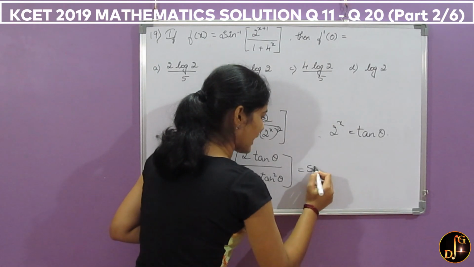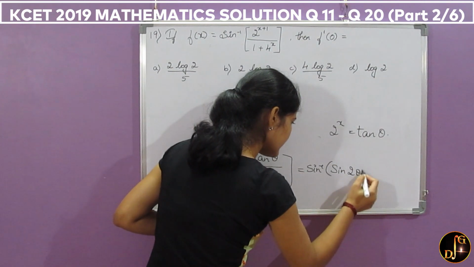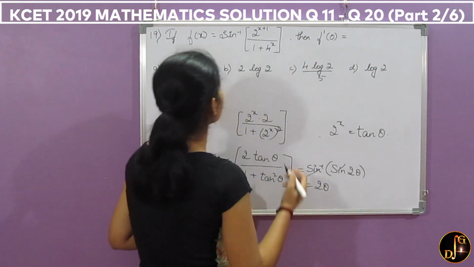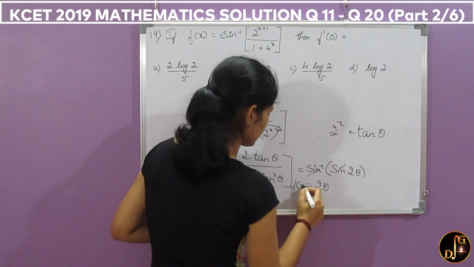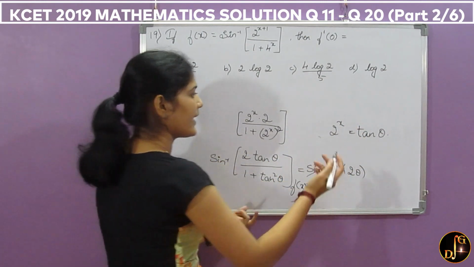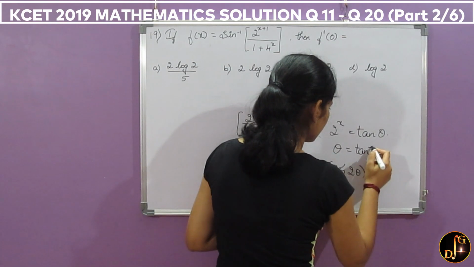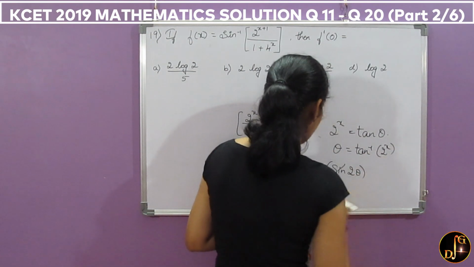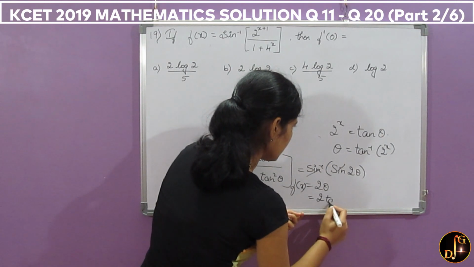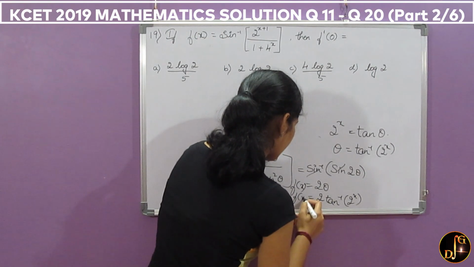So it will be sine inverse of sine 2 theta. Sine and sine inverse get cancelled, we get 2 theta. So f of x is 2 theta. We have 2 power x is equal to tan theta, then theta is nothing but tan inverse of 2 power x. So let's substitute the value of theta. That is 2 into tan inverse of 2 power x. This is f of x.